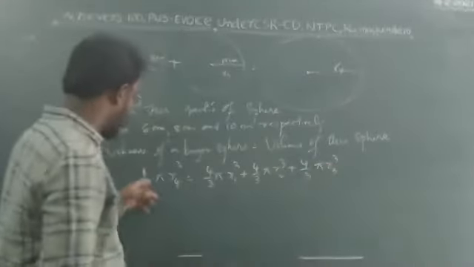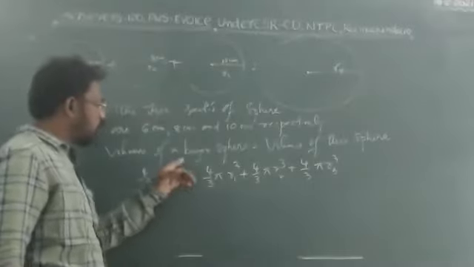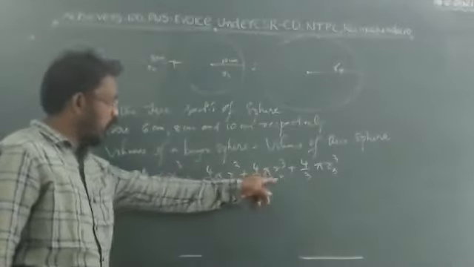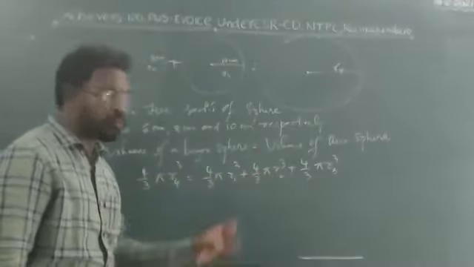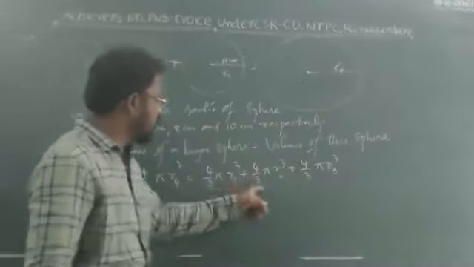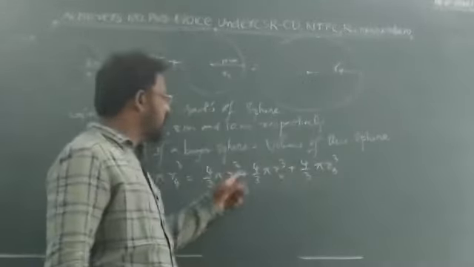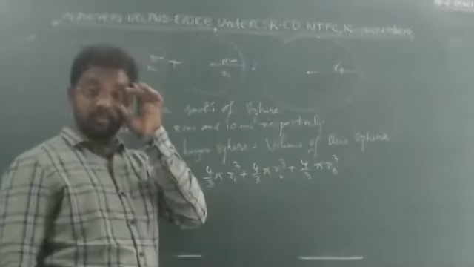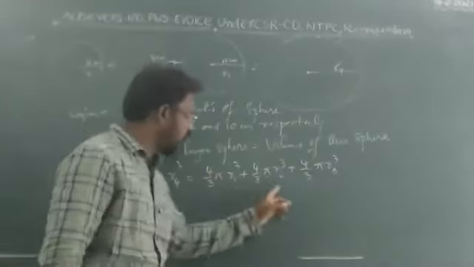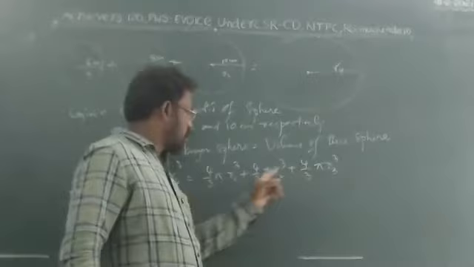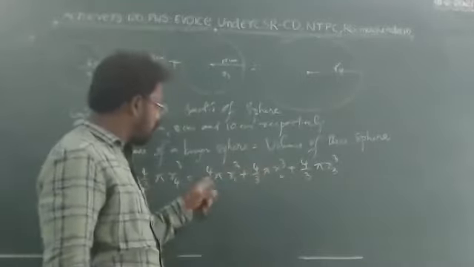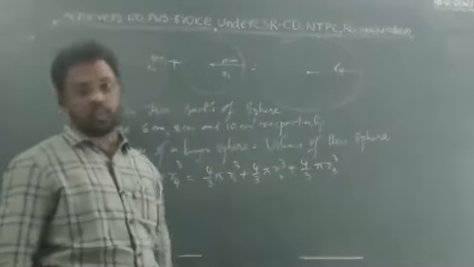If you observe carefully, in these three terms on the RHS, 4 by 3 pi is common.